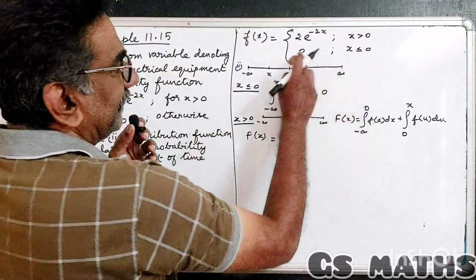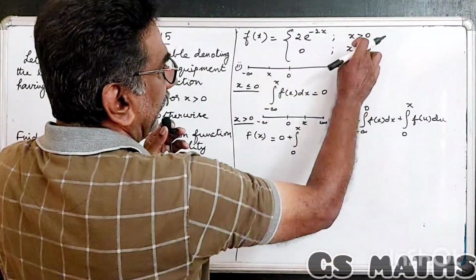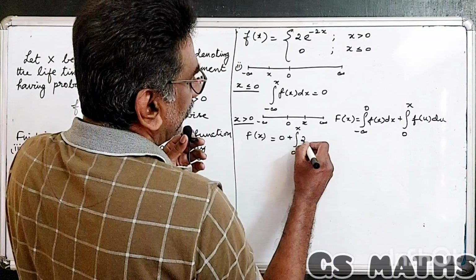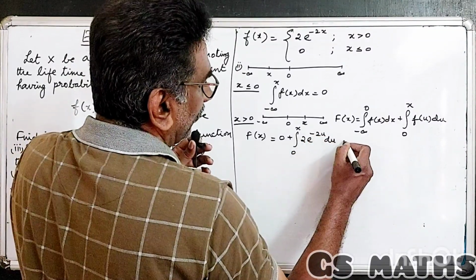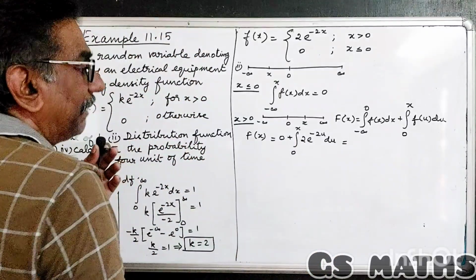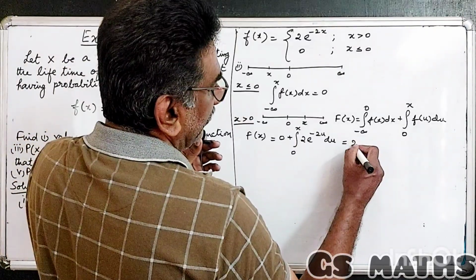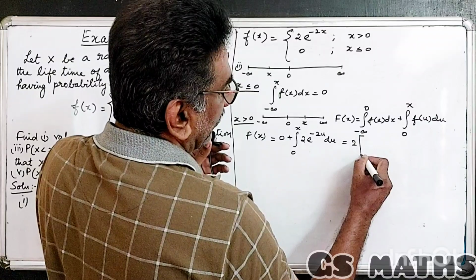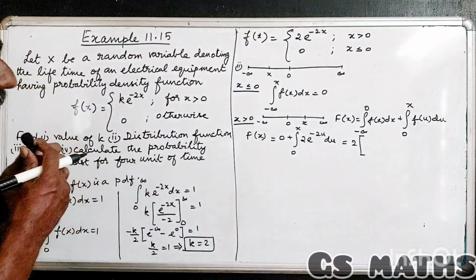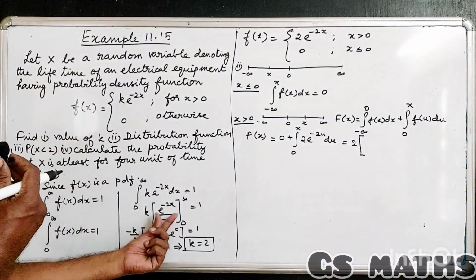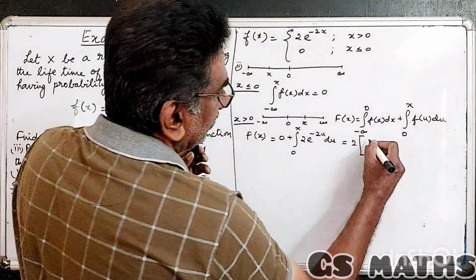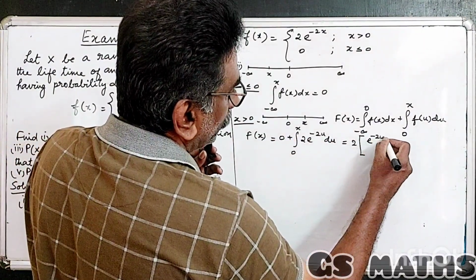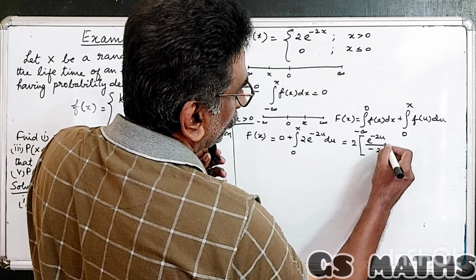Since u is above 0, the function is 2 times e power minus 2u du. I have only changed the variable, not the function. 2 is a constant, take it outside. While integrating e power minus 2u, the same integral comes again, so you can write the integration we already did. That is e power minus 2u divided by minus 2.